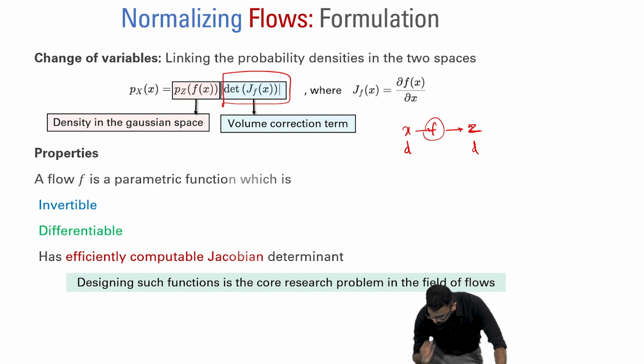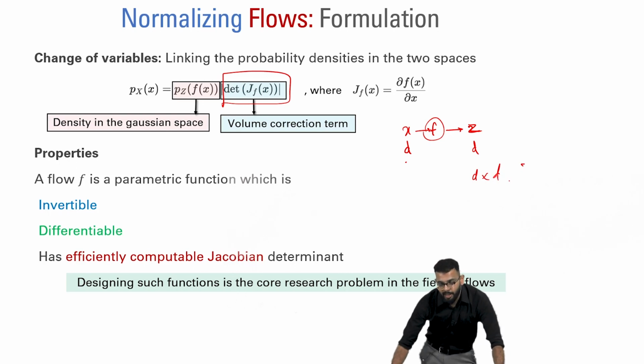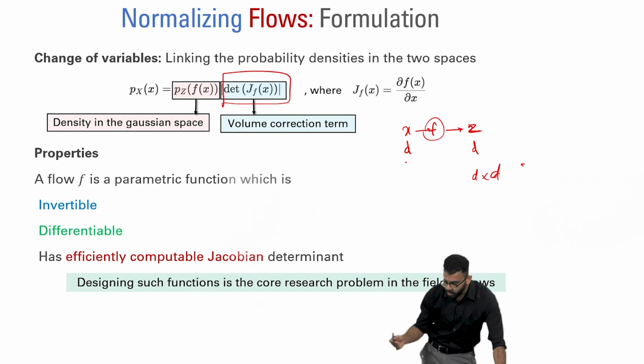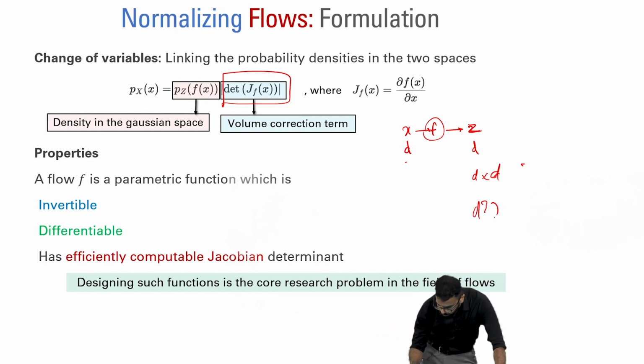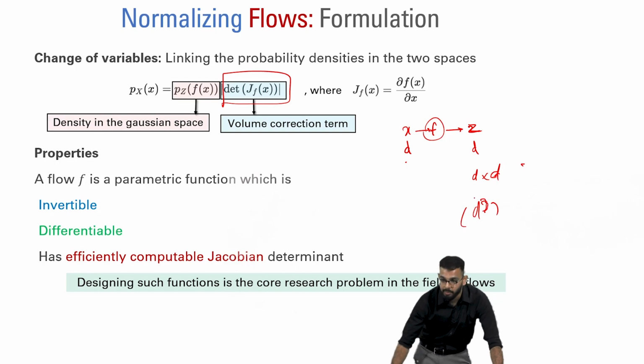Now, if I look at what the Jacobian of such a transformation would be, I'm computing the partial derivative of every element here with respect to every input. So you will have a d cross d matrix as the Jacobian. That is still not enough, because you'll have to compute the determinant of this d cross d matrix, which means it will take order of d cubed time.